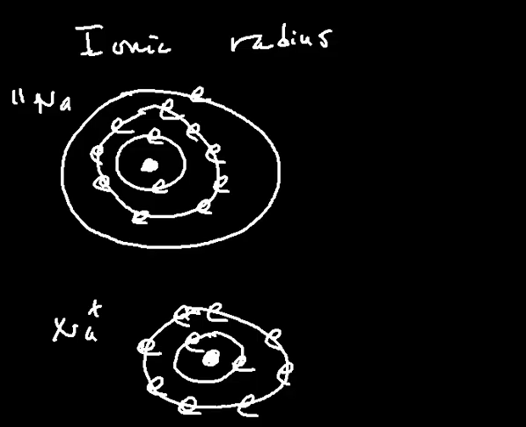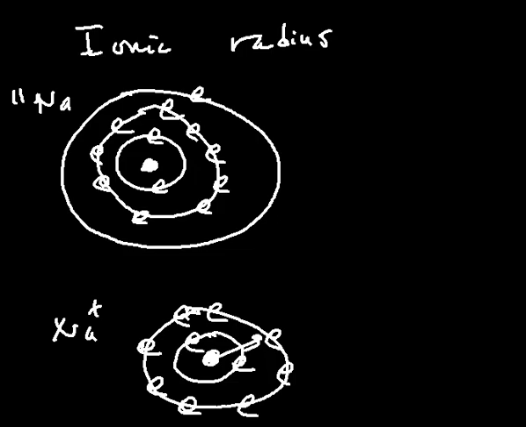In this case, the sodium ion, since it has fewer shells, has a smaller radius than the atom itself. Therefore, you should understand that just as the atomic radius is affected by the ZF and the number of shells, the ionic radius is also affected in the same way.